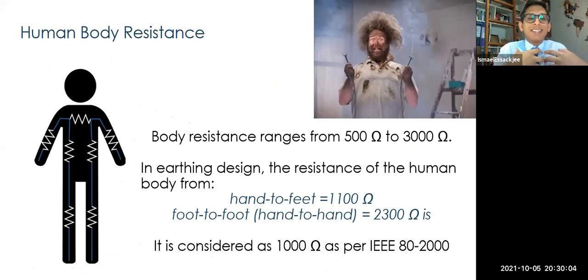What is the resistance? It depends on the resistance of your body. It has been shown through standards that for our calculation we take a resistance of 1000 ohm for the body of a person. Generally, the average is 1000 ohm. It depends on weight, height, and different things, but let's assume 1000 ohm or 1 kilo ohm for the resistance of the body.